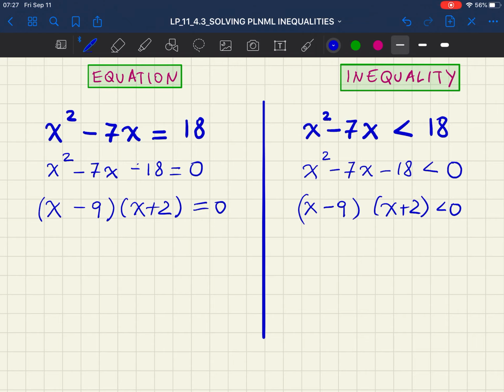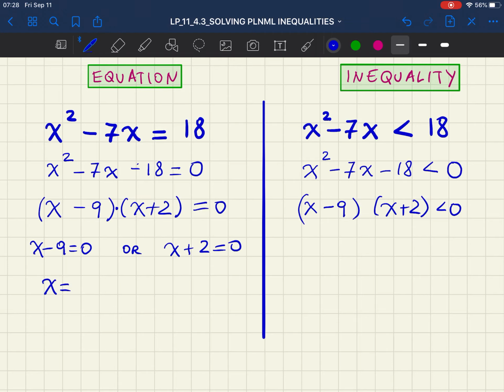The next step to solving the equation is finding the roots, and we're going to say that the product of these two factors will equal 0 if either one equals 0. So we're going to say either x minus 9 equals 0 or x plus 2 equals 0.